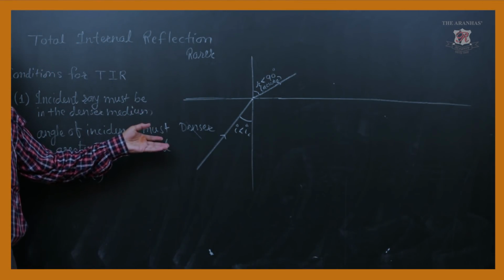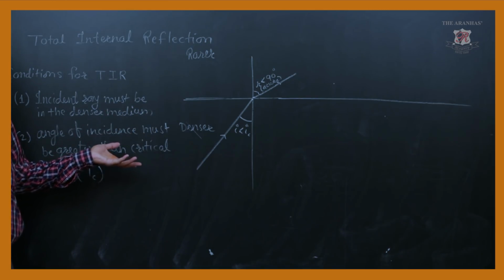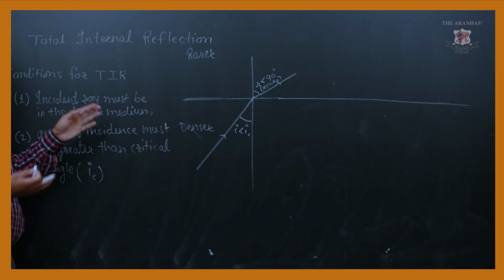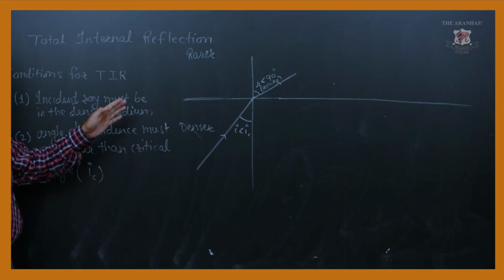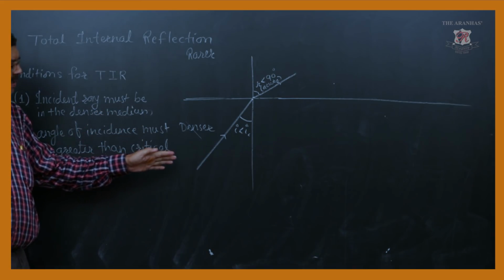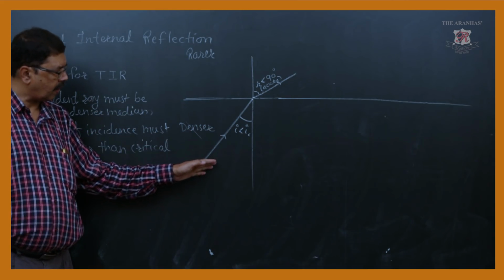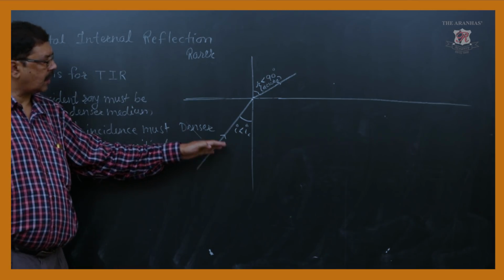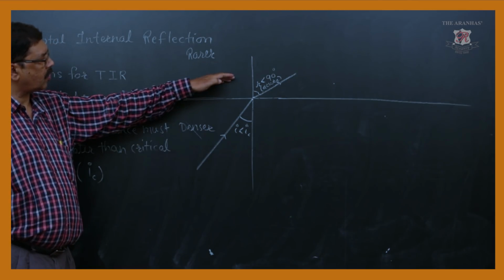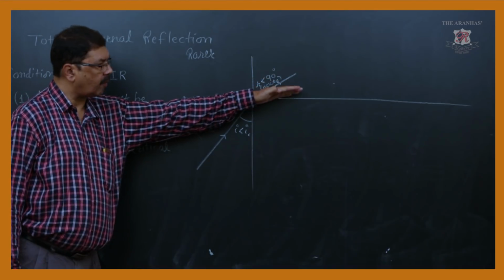This is the normal case. What new thing is there in this? Nothing. We have studied this at the beginning of chapter refraction. There we said if ray of light is made incident in the denser medium which enters into the rarer medium, it bends away from the normal.